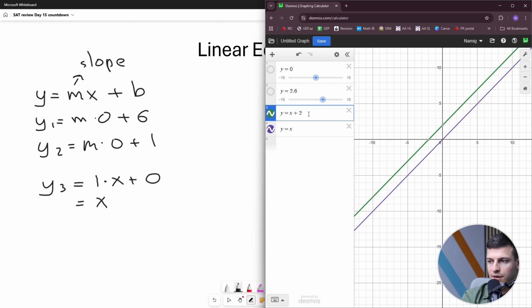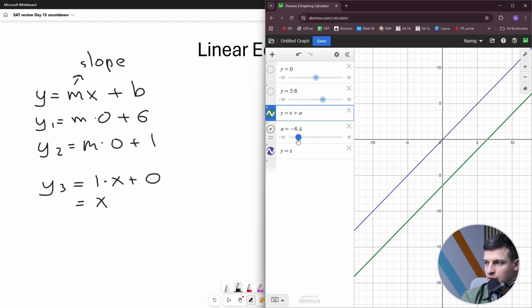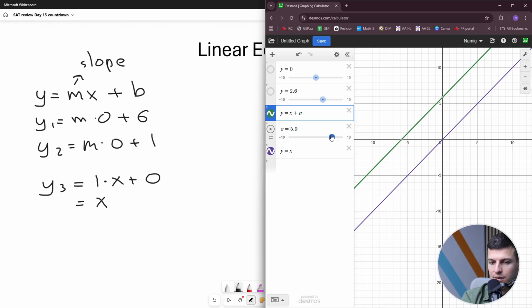So if I change it to, can I do that? You see, it's the same graph. If a becomes 0, it's the same graph. And then as I change it, it just shows, because y equal to mx plus b, b just shows the amount of transformation you're doing across the y line.